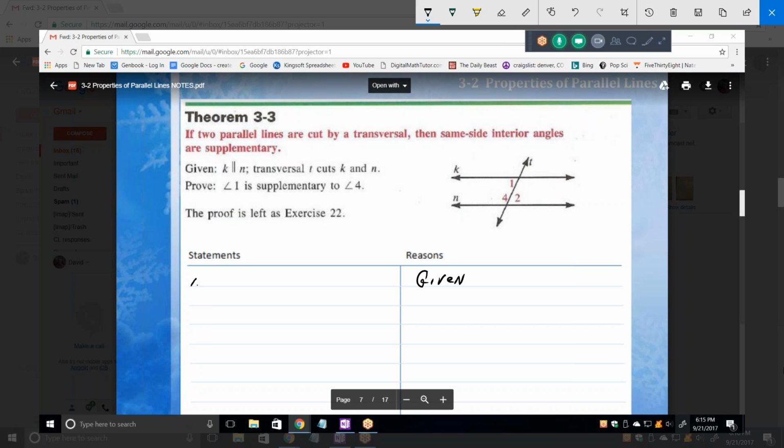Given line K is parallel to line N, and the transversal T cuts both lines. And we're to prove that 1 is supplementary to 4.